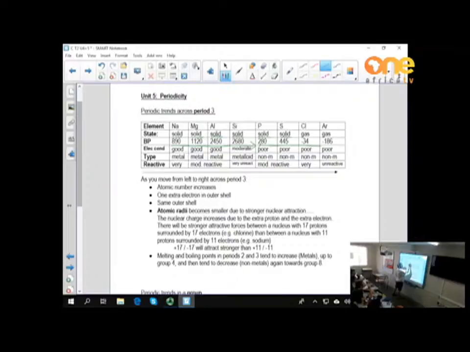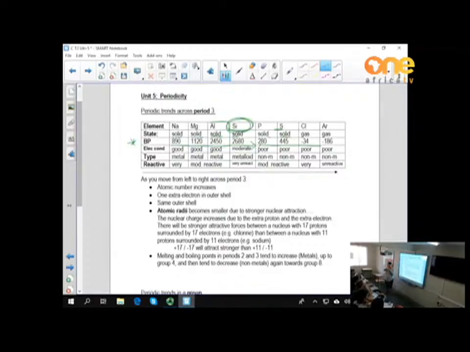What happens over here? It's the division between metals and non-metals. So if I asked you to explain something about the trend in the boiling point of the period 3 elements, what can you say? It tends to increase as we go along the metals. What do we know about the elements that lie on the step?